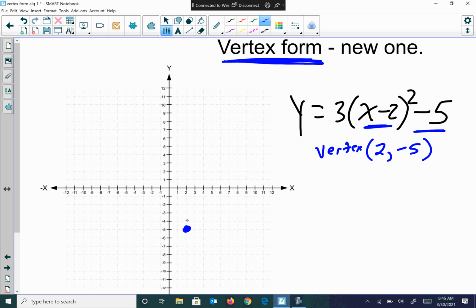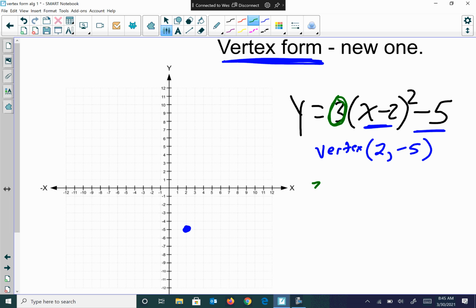Okay? So let me pause there. This is kind of new. When it's grouped together, where we don't have two sets of parentheses, we have one quantity, quantity squared, this is called vertex form. So I get 2, negative 5. All right. This is going to allow me to pattern graph.